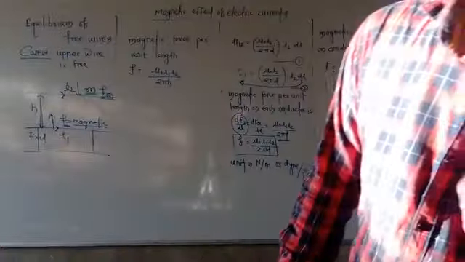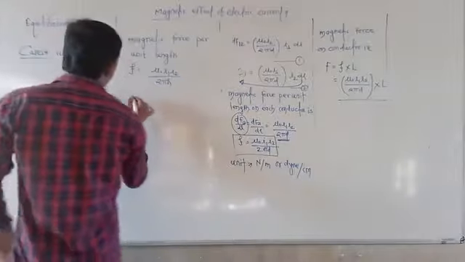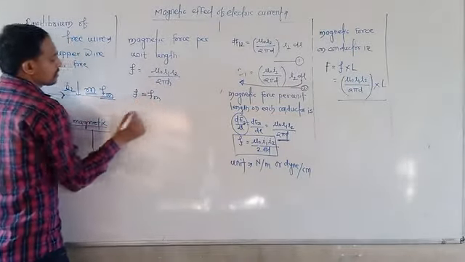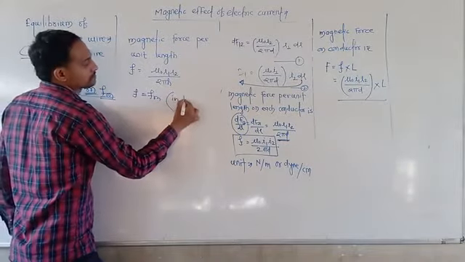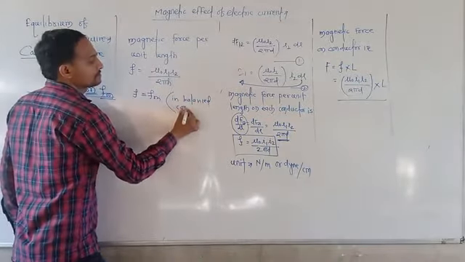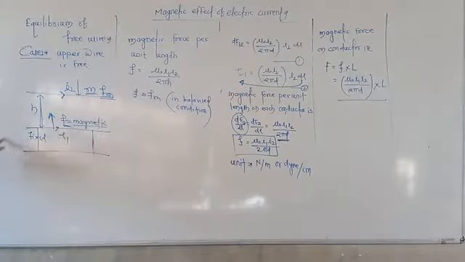After that, what should we have? In a balanced condition, F is equal to Fm, because both are in the balanced condition. Balance condition means both wires are in equilibrium.